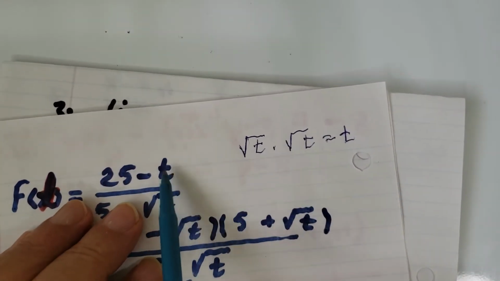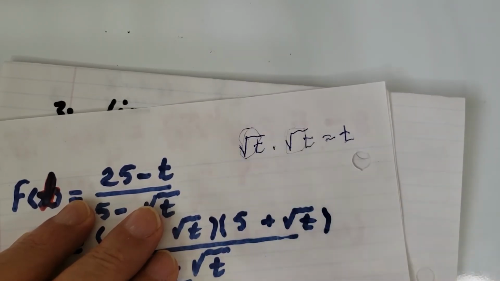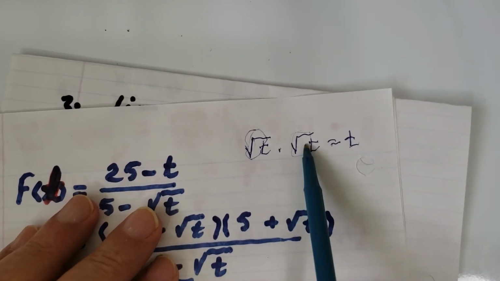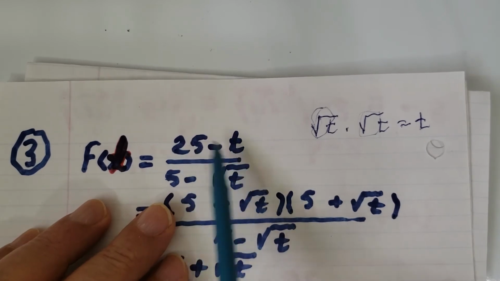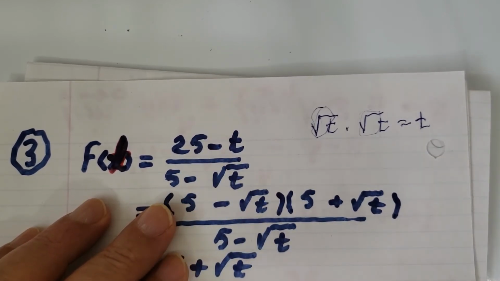That's why we can consider this as a square, by multiplying each together to give t. So now we can consider this as a difference between two squares, and we will factorize.